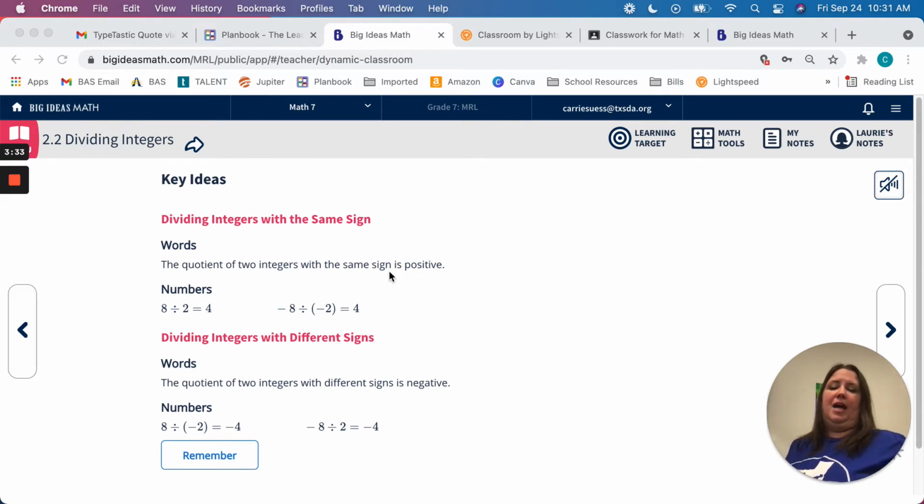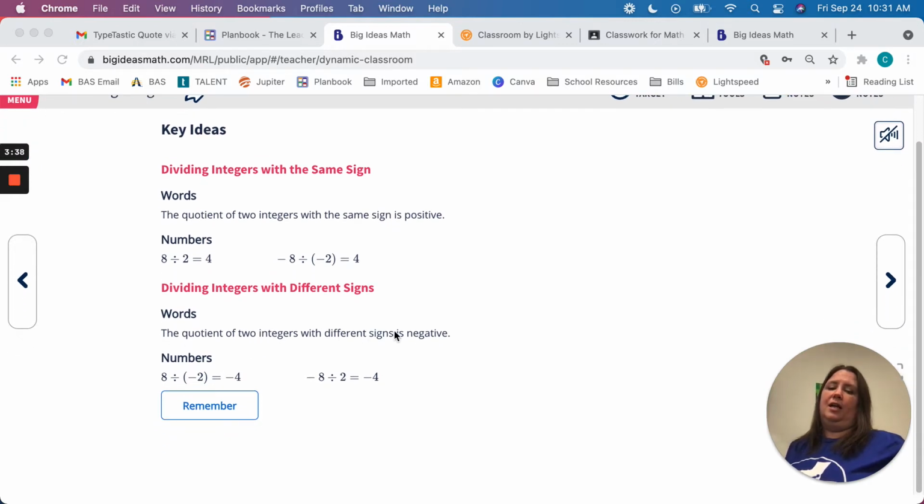Good. Now if you're dividing integers with different signs, the rule is your answer is going to be negative, because that means you're dividing a negative by a positive or a positive by a negative. So there's only one negative in the equation. So your answer is going to be a what? Negative. That's the rule you need to remember.